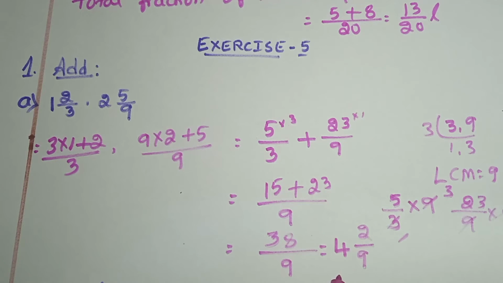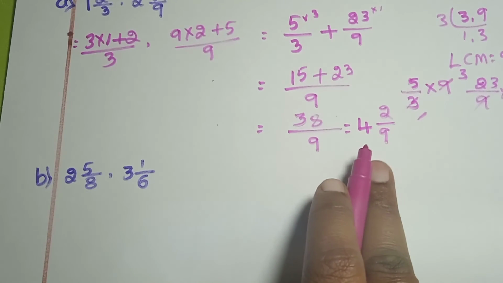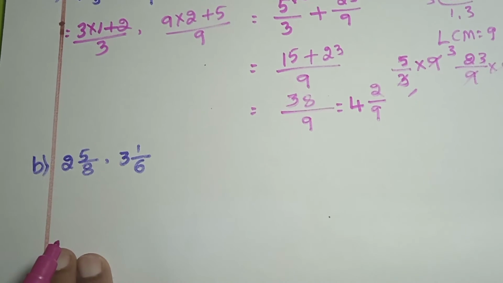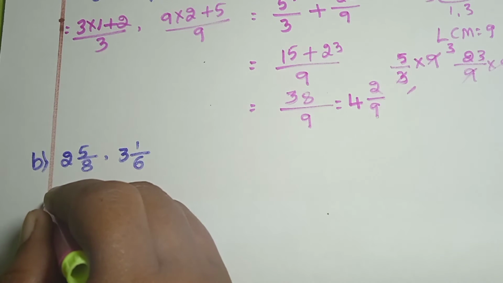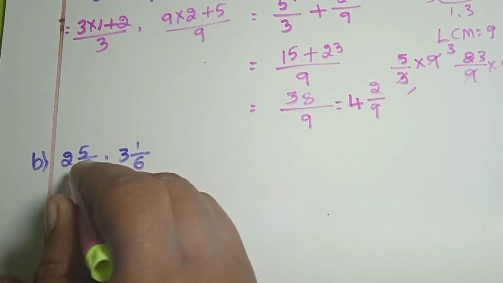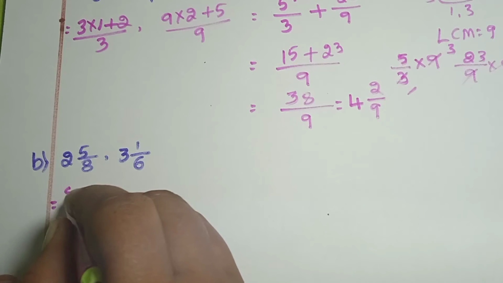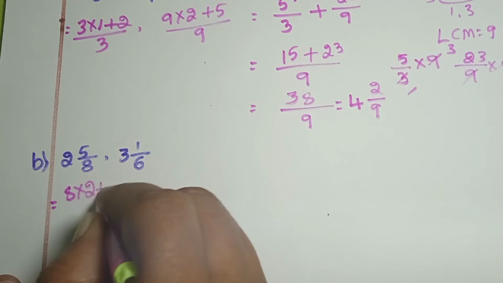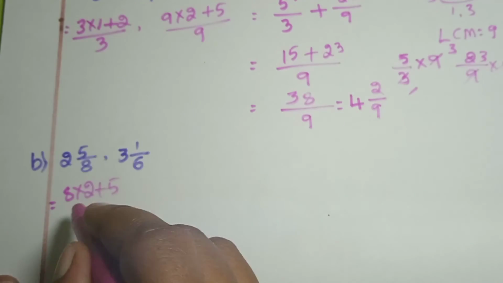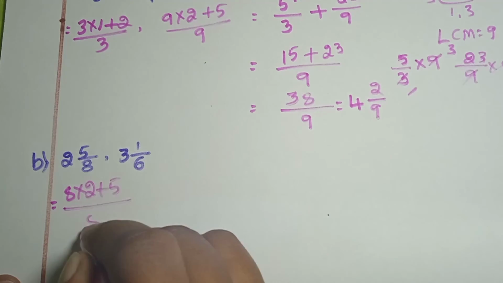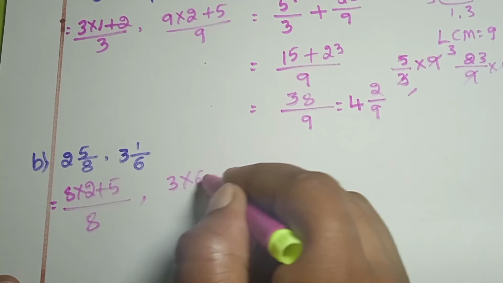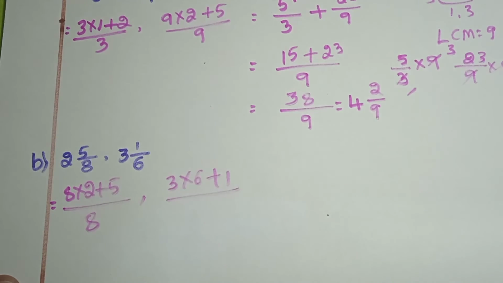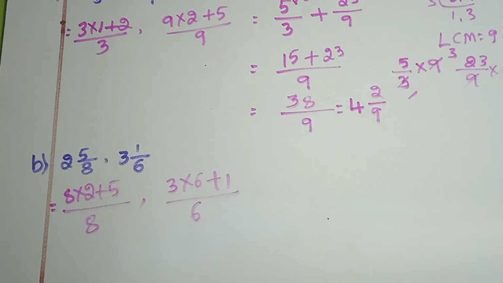Yes, got it? Yes. Let us go for the second one. 2 5 by 8, 3 1 by 6. The same procedure. First we have to convert to improper fractions. How to convert, children? 8 into 2 plus 5, the same as we have known, here 8. Comma 3 into 6 plus 1 divided by what should we write here, children? 6 only, isn't it? 6.